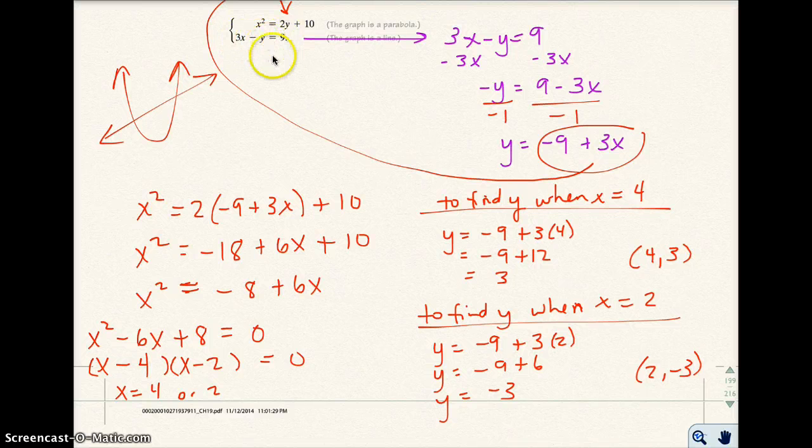It works in here. Now I plug in the 2 and the negative 3. This one works: 2 and negative 3 gives me 4, and this gives negative 6 plus 10, which is 4. Putting the 2 and negative 3 here, I get 6 plus 3, because minus the negative 3 is plus 3, which gives me 9. So this one checks also.